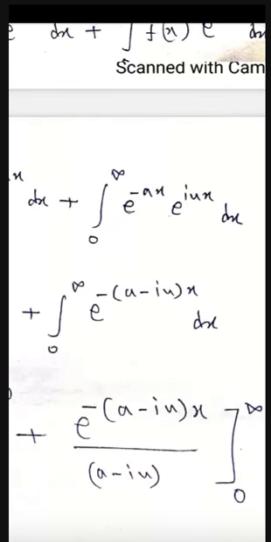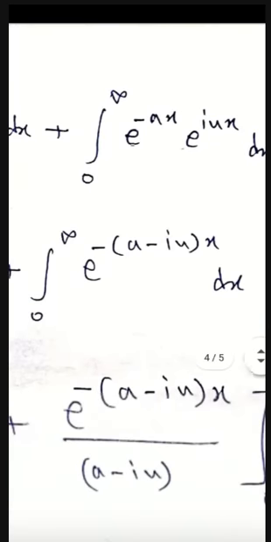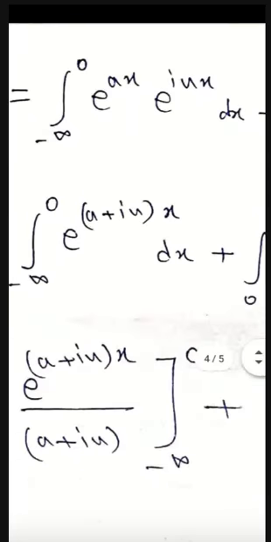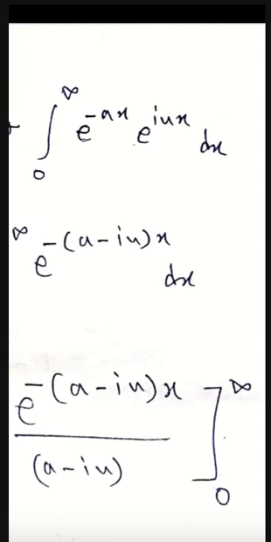Why have I taken minus x outside in the next term? I could take plus x also, as in the first term, where I have taken plus x. Here I have taken minus x. What is the purpose? Can you tell me?